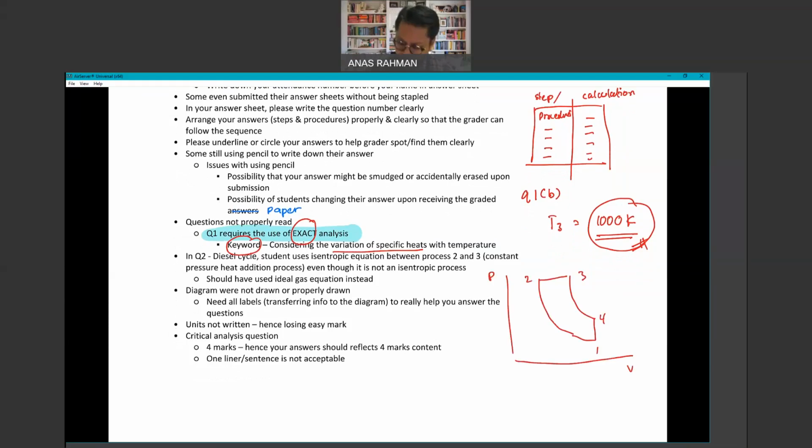If you look over here, the isentropic process is from 1 to 2 and 3 to 4. So if you use isentropic equations for this region, 2 and 3, then you got the steps wrong. So please, I keep on emphasizing this in the class and in the tutorial. Understand when to use that particular equation.